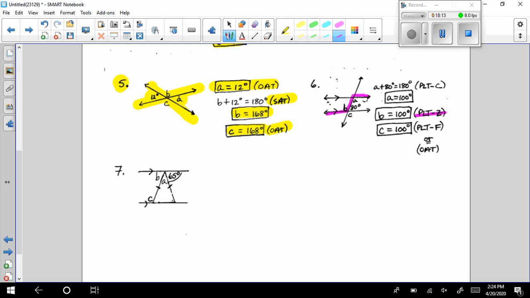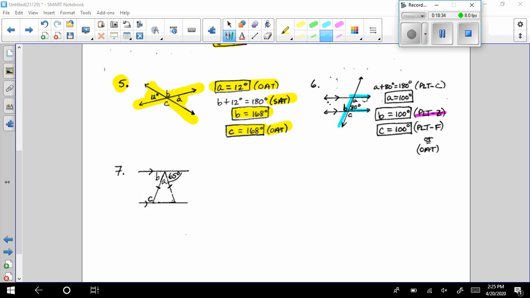For angle C, I said that it's also equal to 100 degrees because of PLT-F. And this time I'm showing you where the F shape is. So the A and the C are both below the parallel lines and both on the same side of the transversal.